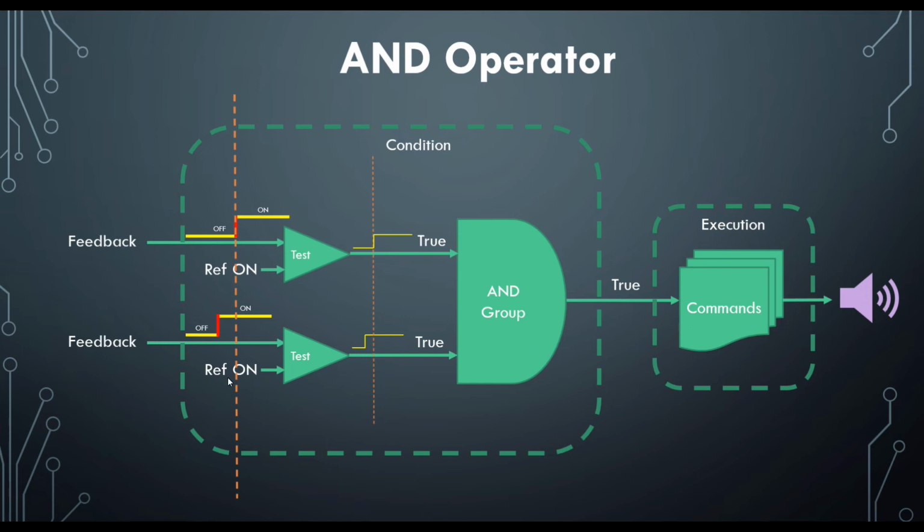So this time, this feedback sensor was used as a state, and this feedback sensor was used as the trigger, which triggered the chain of events which ended in the sound file being played.